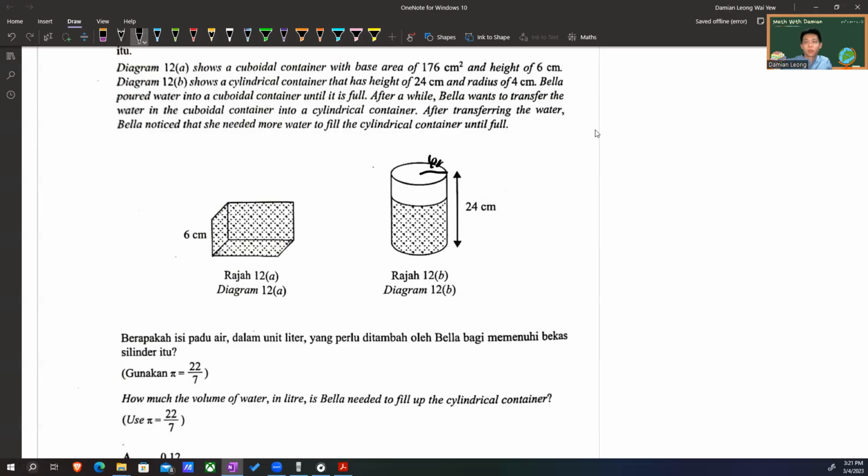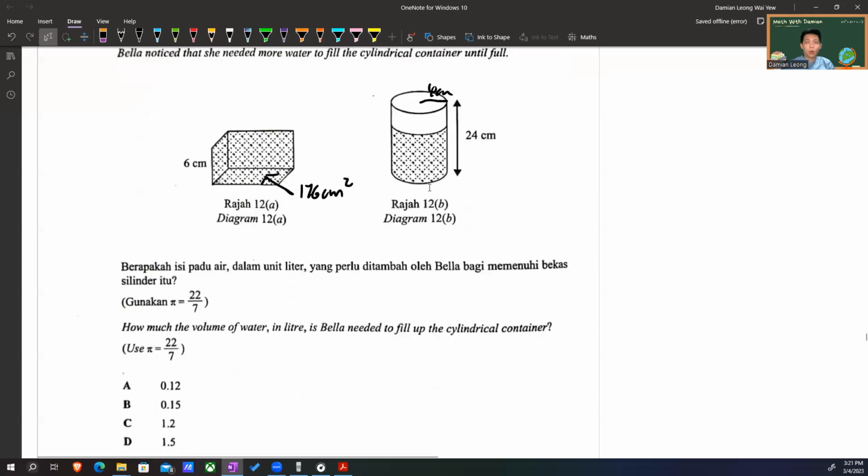So here 4 cm. This area is 176 cm square. Bella poured water into the cuboid container until full, then transferred it into the cylindrical container. After transferring, there is a gap here.